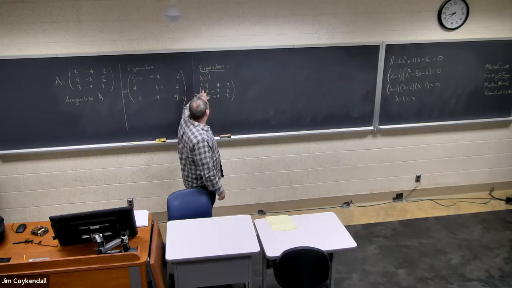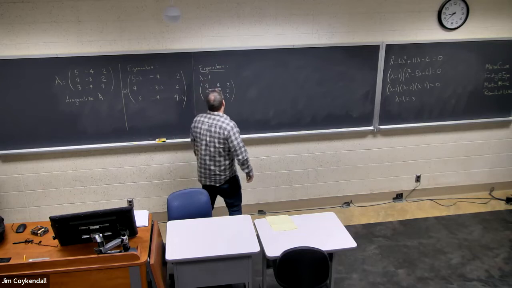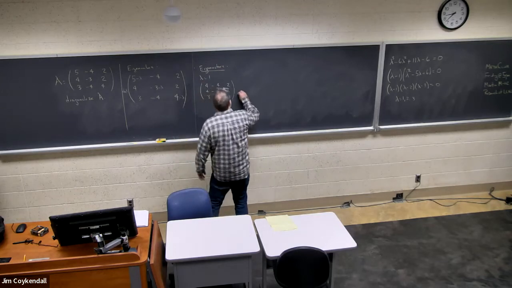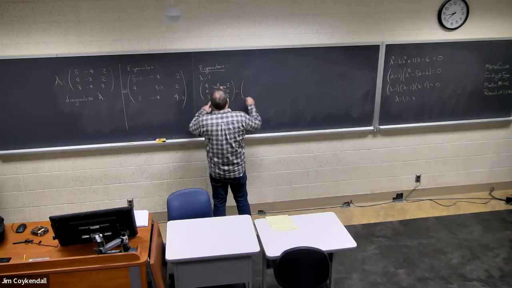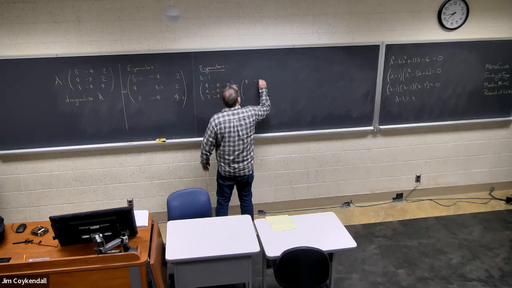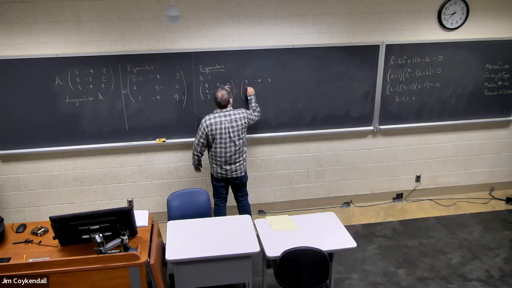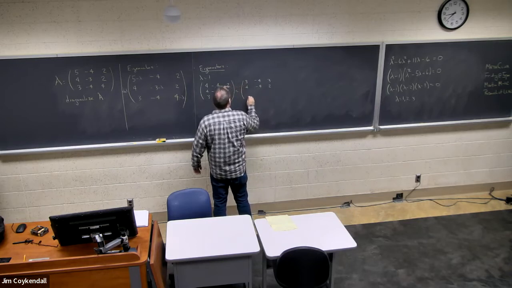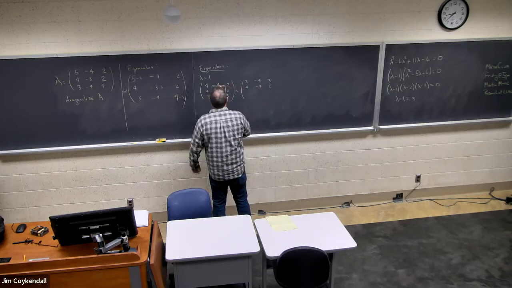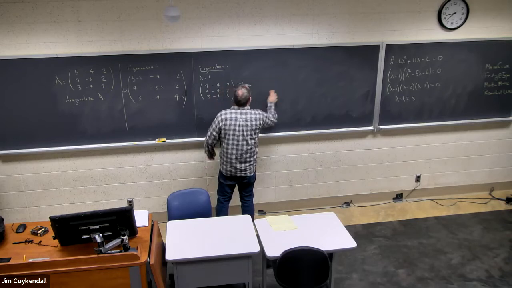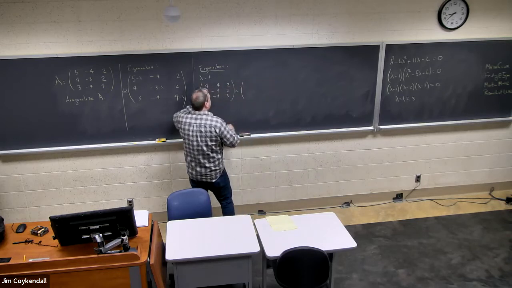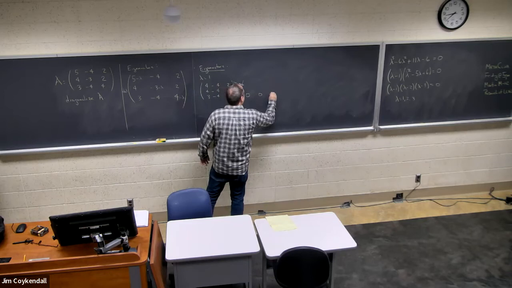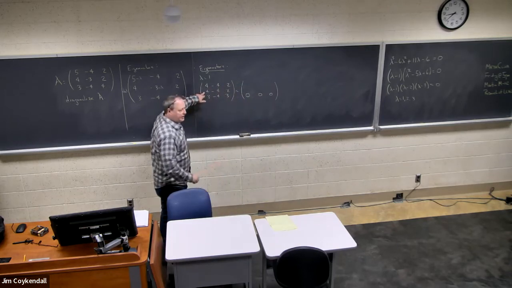Actually, since this is an eigenvalue, you should have a null space. So let's reduce this. I'm going to put this on the top. I'm going to get rid of this row: 0, 0, 0, because these 2 rows are the same.